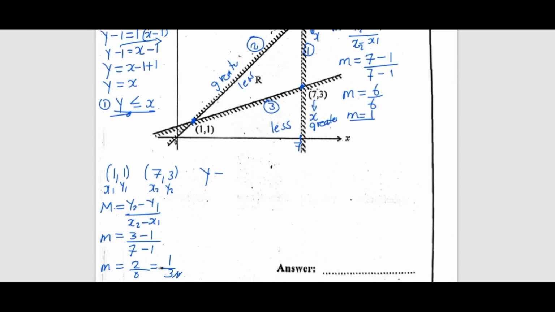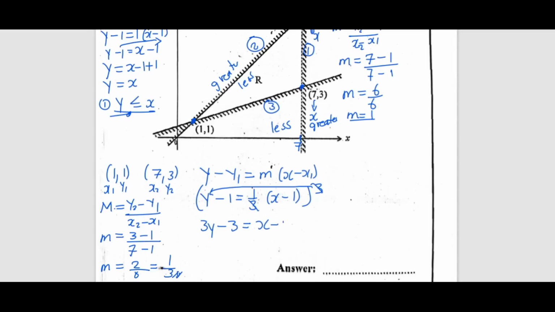Then the equation is y minus y1 is equal to gradient, open brackets, x minus x1. y1 is 1, gradient is 1 over 3, x1 is 1. First we get rid of the fraction to reduce the work, so multiply everything by 3. 3 times y gives us 3y, minus 3 times 1 gives us 3. Then 3 times 1 over 3, x minus 1, the 3 cancels, giving us x minus 1.